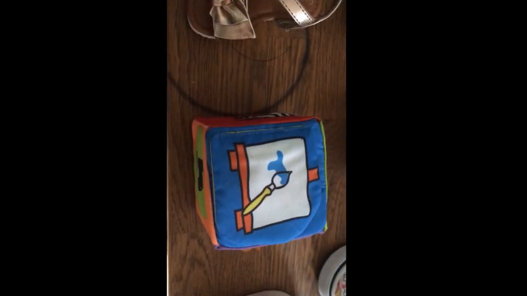Goldfish, shoe, block. My baby's trying to help me. So my pattern, if you follow it, is goldfish, shoe, block, goldfish, shoe, block, goldfish, shoe, block, goldfish, shoe, block, goldfish, shoe, block.